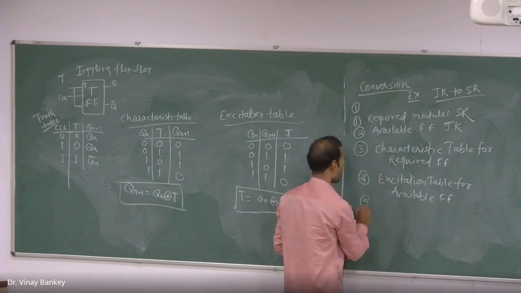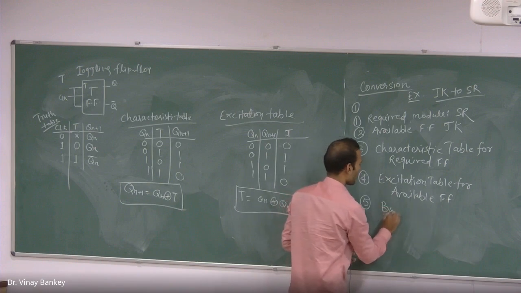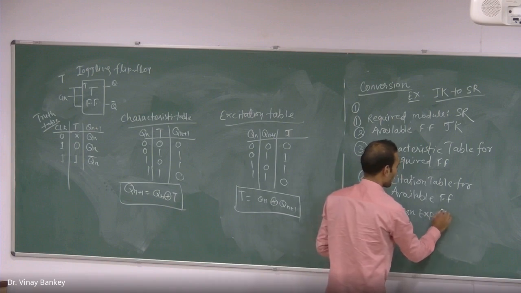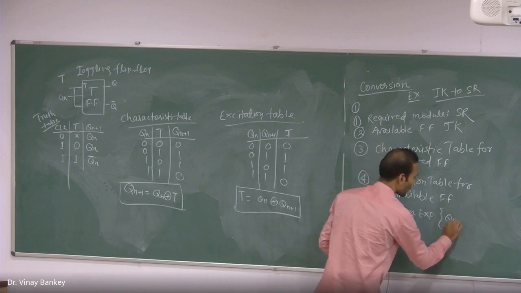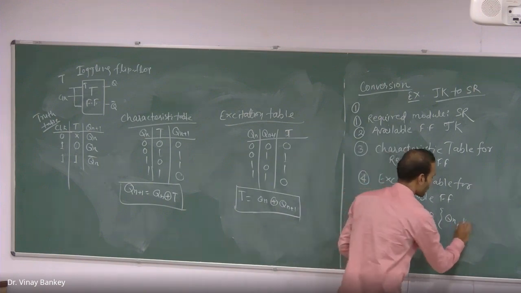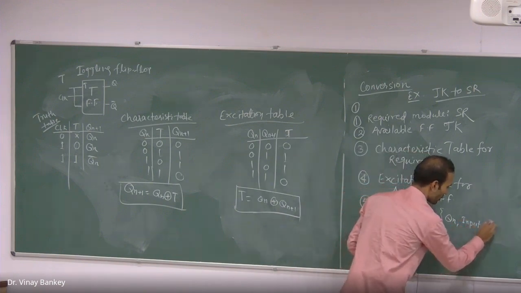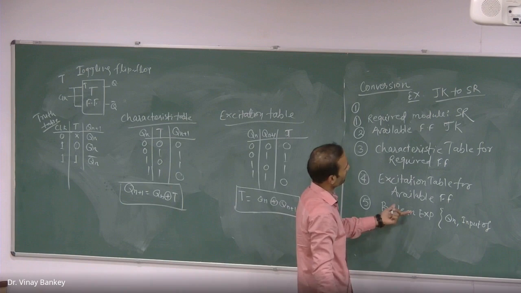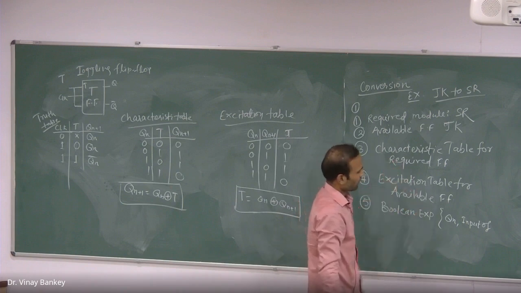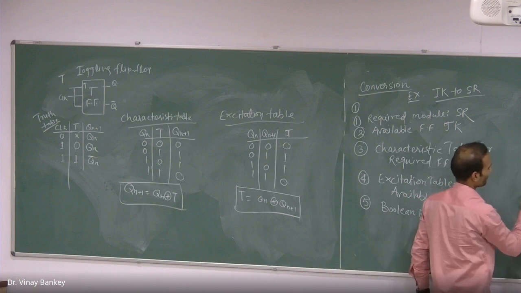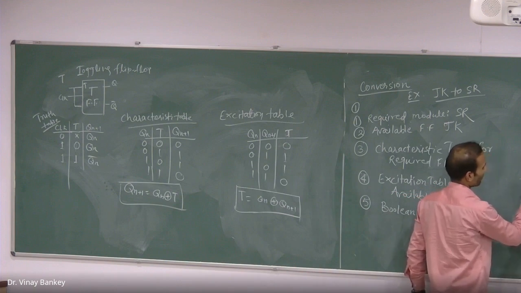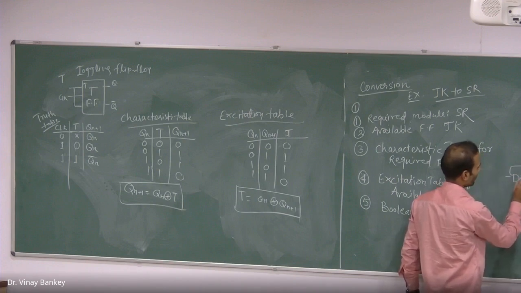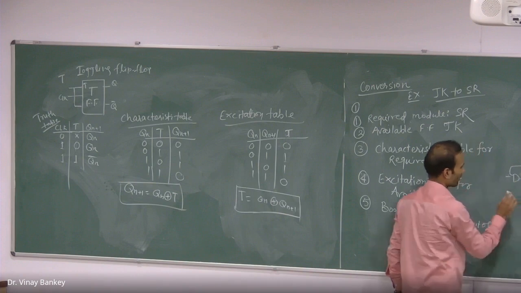And the last step is, you will write the Boolean expression in terms of the Qn and the inputs of the required one.